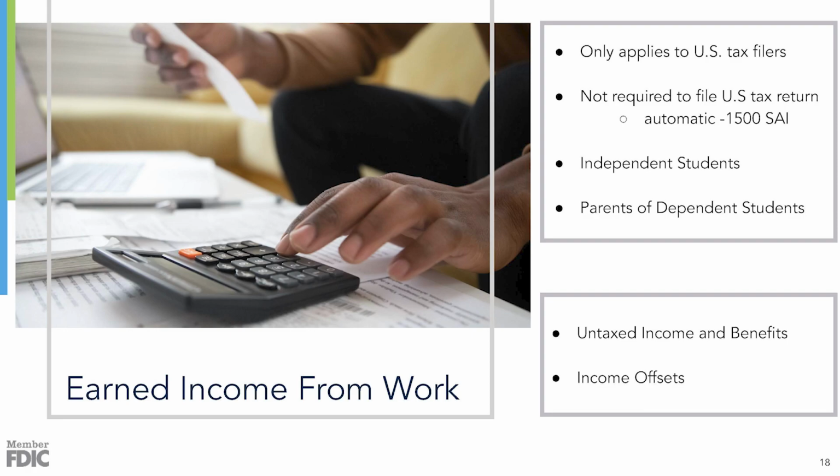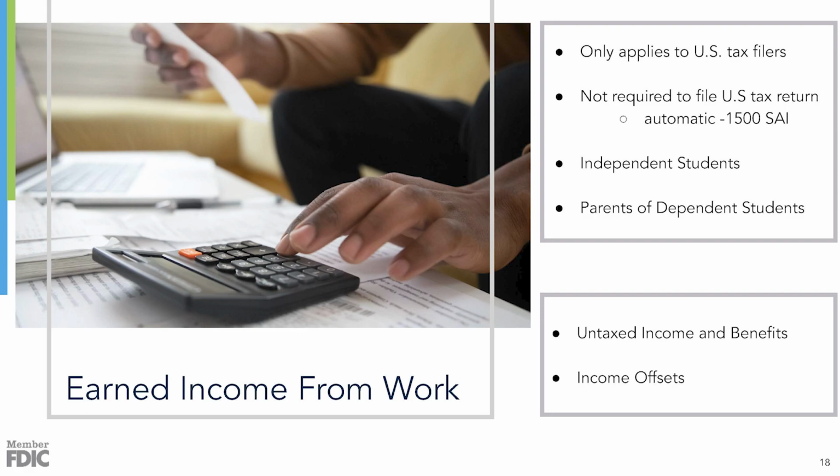Independent students will need to complete this information, and it could be on themselves and their spouse, depending on their status. Parents of dependent students will need to provide their income earned from work and the dependent student's income earned from work, and that will vary depending on whether both parents work or only one parent works.